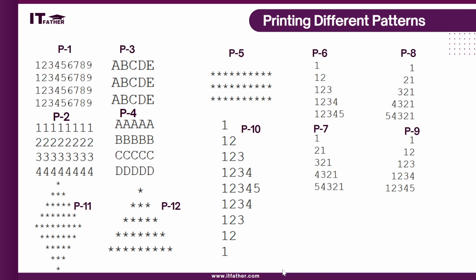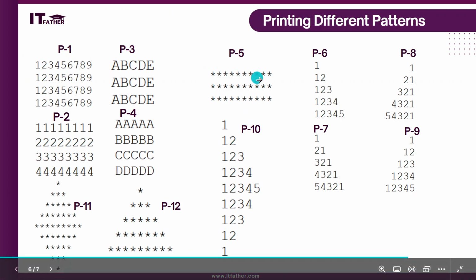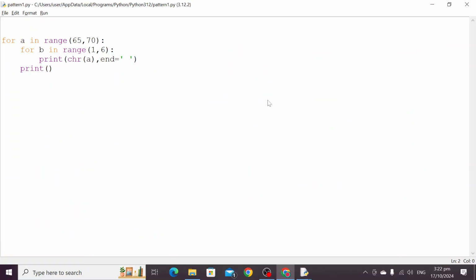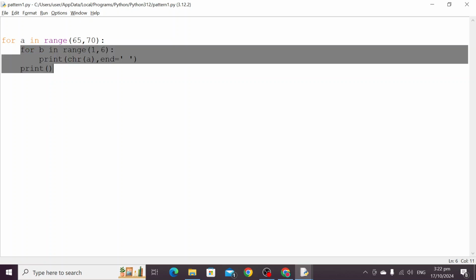Now the next pattern we have, this is very simple, pattern number 5. Pattern number 1, 2, pattern number 3, 4, done. Now pattern number 5. In pattern number 5 we have to print this asterisk symbol or any symbol any number of times if you want to print. For this you can use only one loop, and only one loop is required.